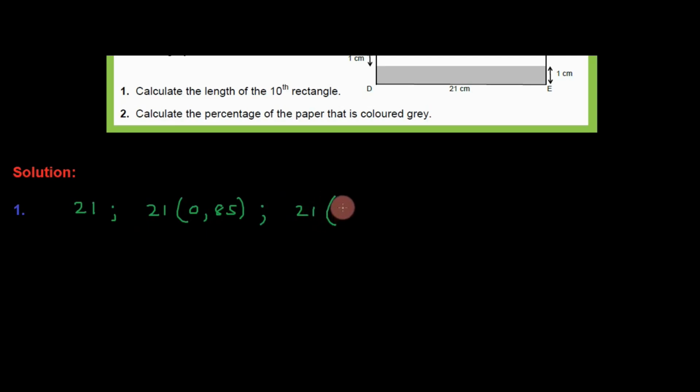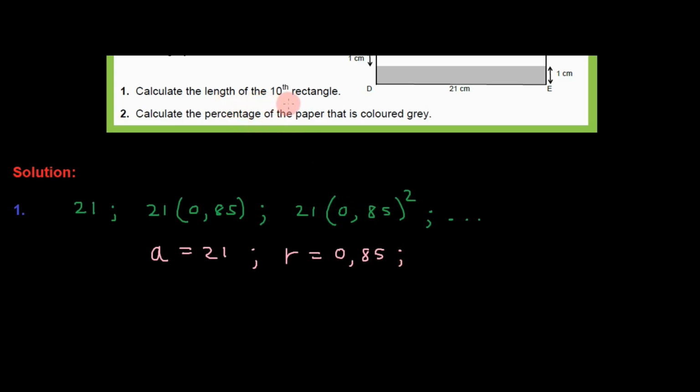So 21 times 0.85 squared, and so forth. So the first rectangle, the second one, the third one, etc. So we have a GP where the first term A is 21. The common ratio R is 0.85.